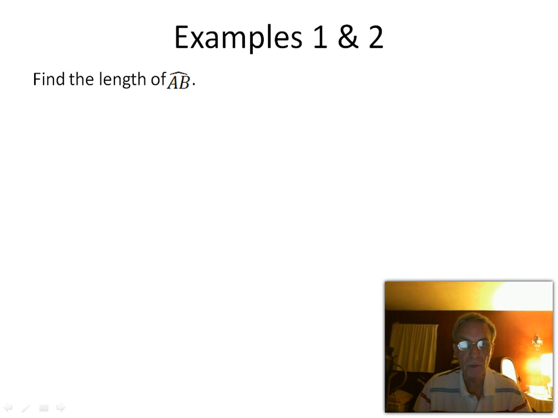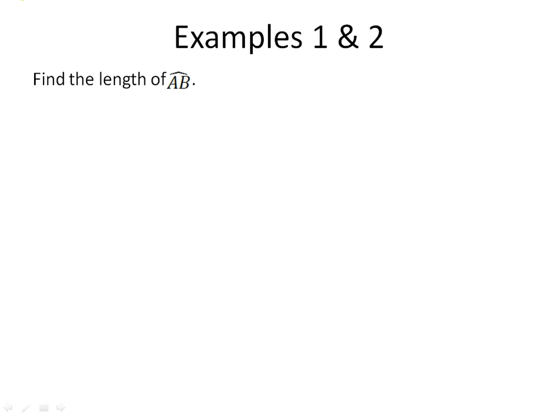Okay, examples 1 and 2. What they want us to do here is find the length of arc AB. So let's take a look at our diagram. In this case, the angle that subtends the arc called AB is 60 degrees and has a radius length of 5 centimeters.